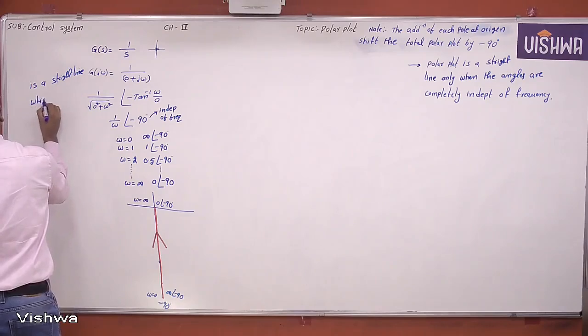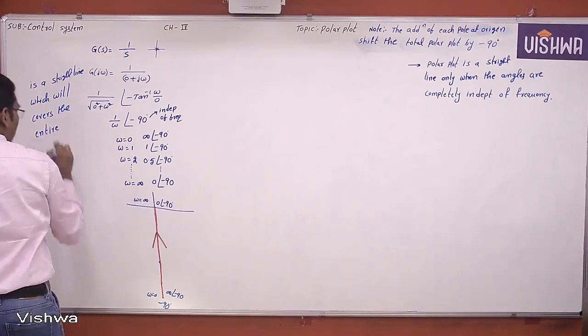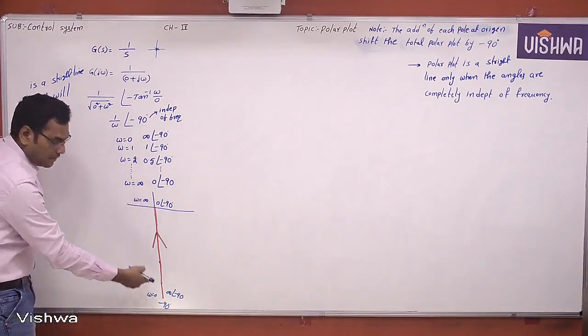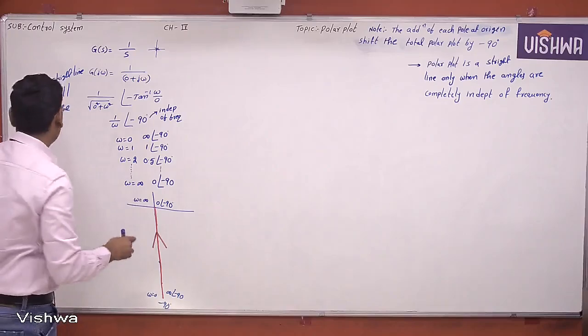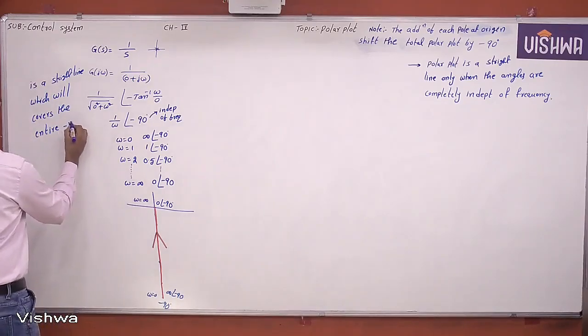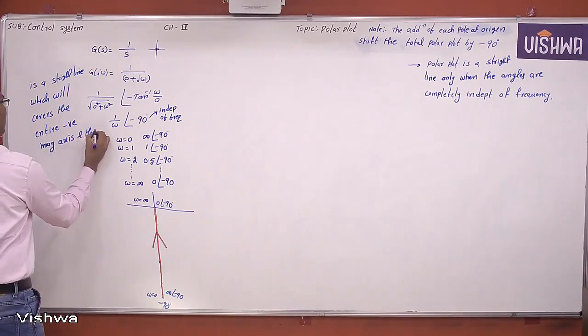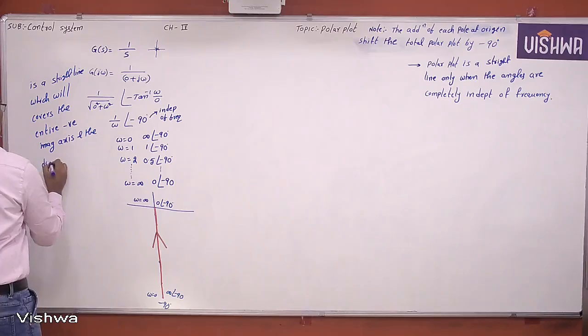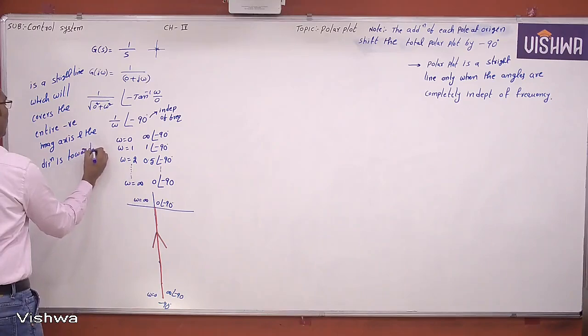Which will cover the entire negative imaginary axis, and the direction is towards the origin.